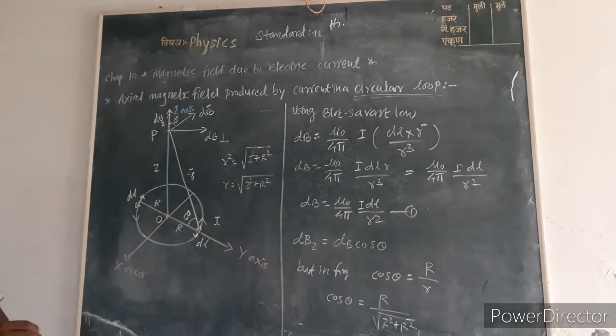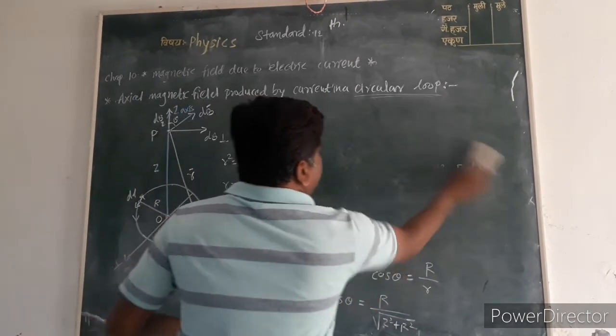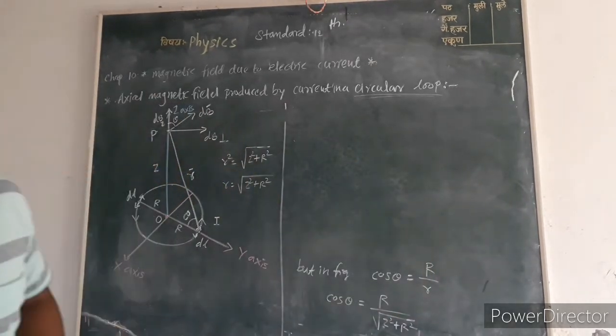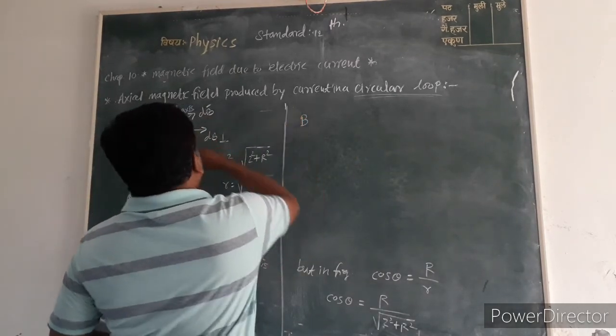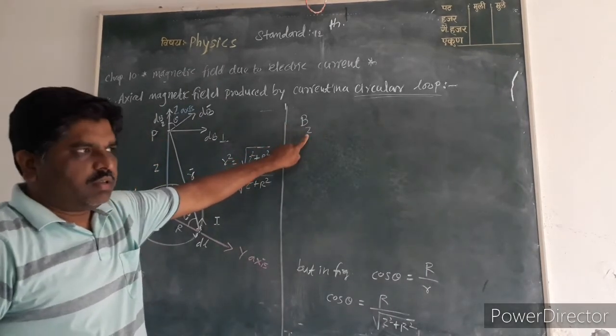Now we consider the total or net contribution along the z-axis. By taking the integration of dBz, we get the net magnetic field at point P. Suppose that the magnetic field along the z-axis is Bz.